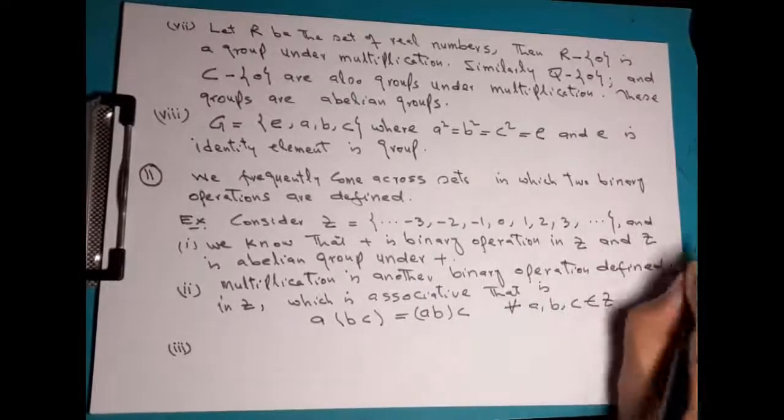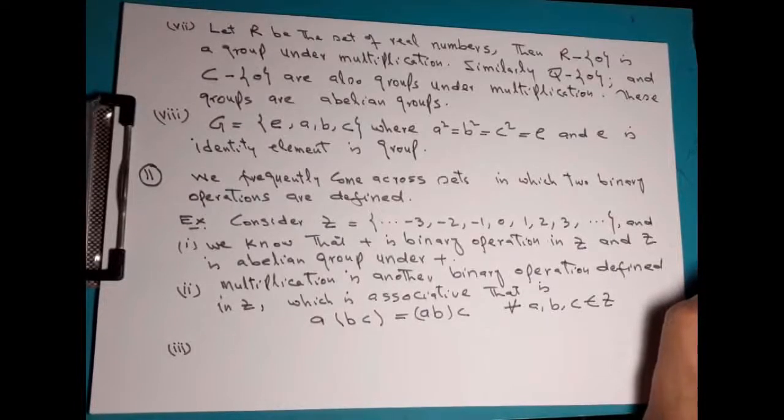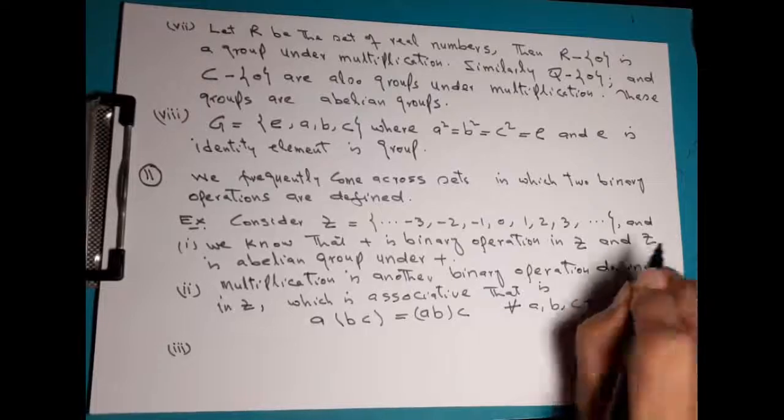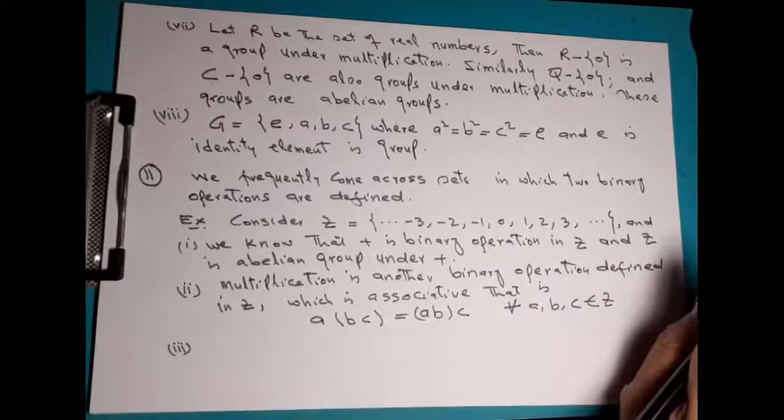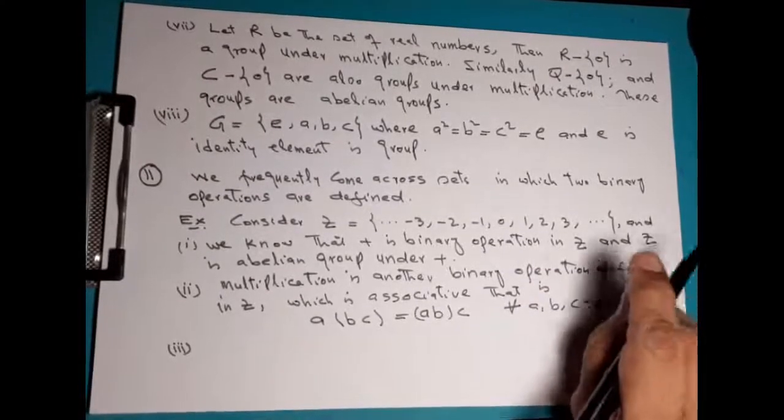Now note the third observation, that addition and multiplication together obey two laws in Z. This is a property in which both operations are used.